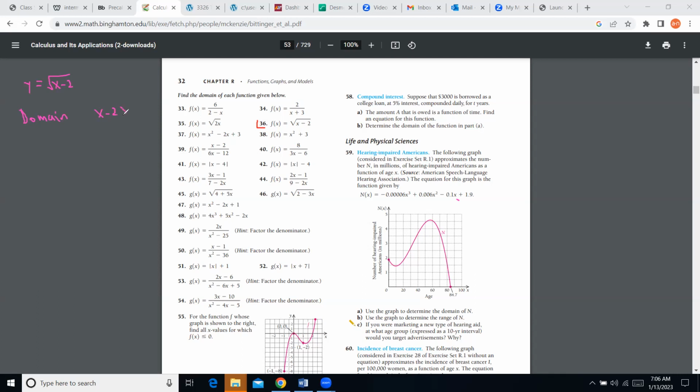So whatever is inside the square root needs not to be negative. Remember the key idea, if you take the square root of some negative number, this is not going to work. And we even tried it with a calculator. The calculator didn't like it at all. So we take the square root only of positives, only numbers that are greater than or maybe equal to 0. So this tells me that x is greater than or equal to 2, and this is the domain.